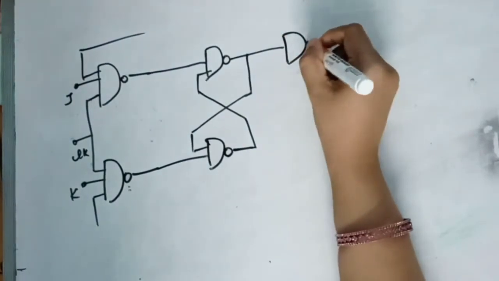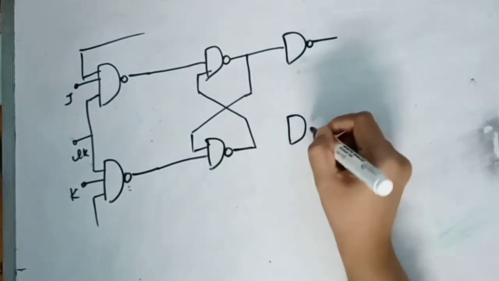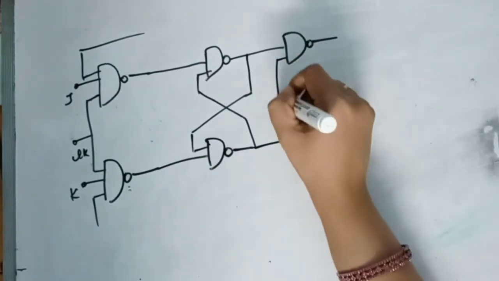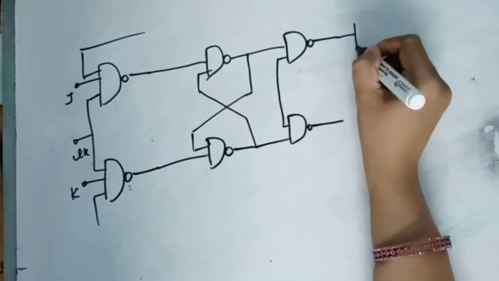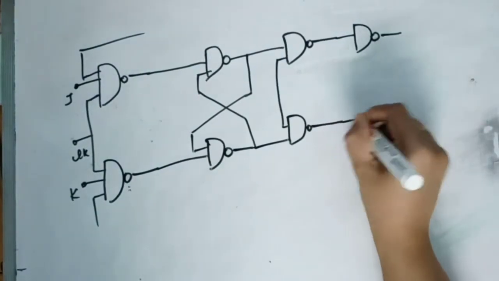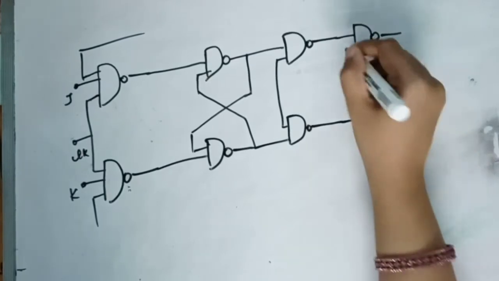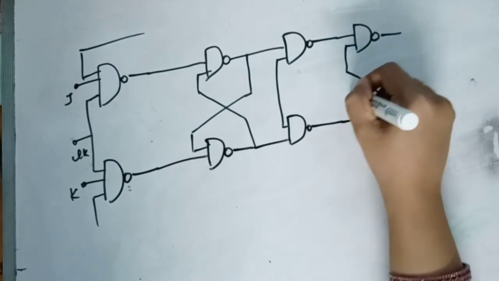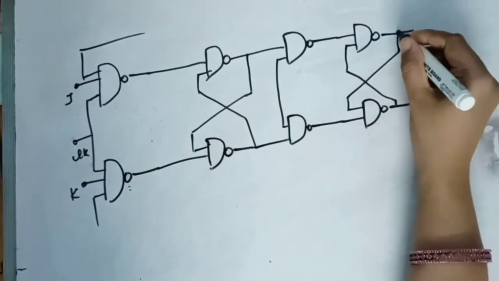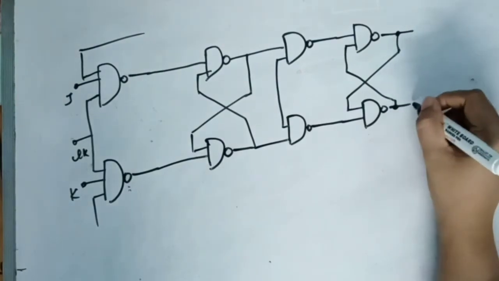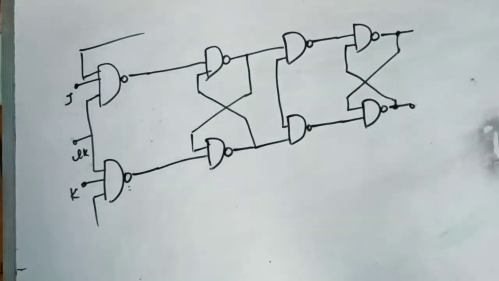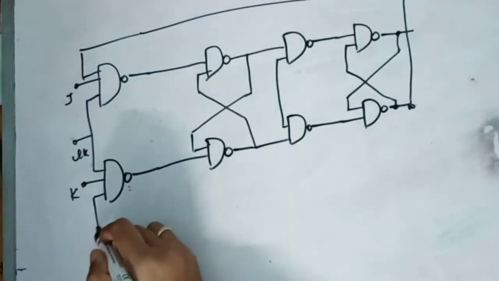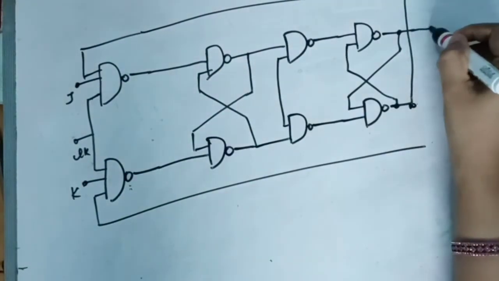So in a master slave flip-flop you have another 4 NAND gates. And this goes to the last stage, just like in the case of JK.